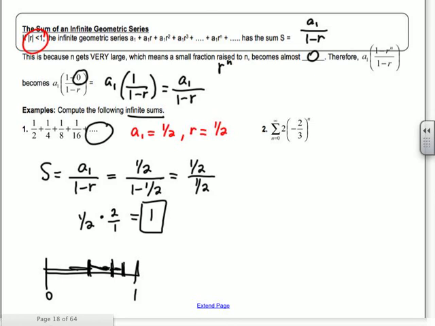All right, so let's compute the following infinite sum. So when you see infinite or when you see it goes on forever, you're using this formula. So you're saying S equals A1 over 1 minus R. So in this problem, A1 is our first term, so it's 1/2. And R, what's R? What are you multiplying by each time? 2 on the bottom, right?